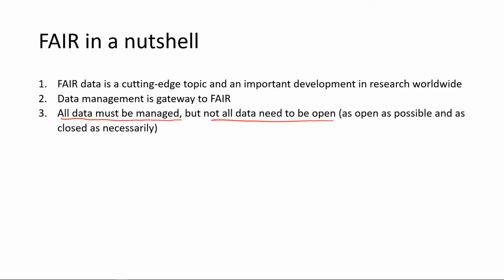So the rule of thumb is be as open as possible, but as closed as necessary. Yeah, that's very important. Be as closed as necessary and as open as possible. So you need to use your best judgment here.